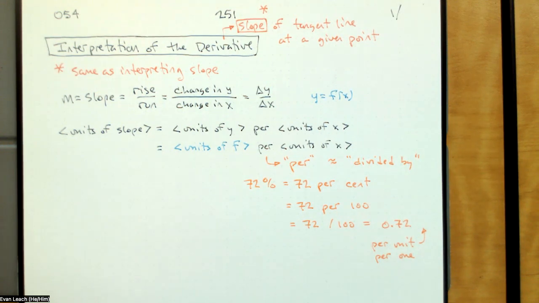And we don't write divided by 1. We don't write denominators with 1. So 72% is 72 per 100. Any questions?